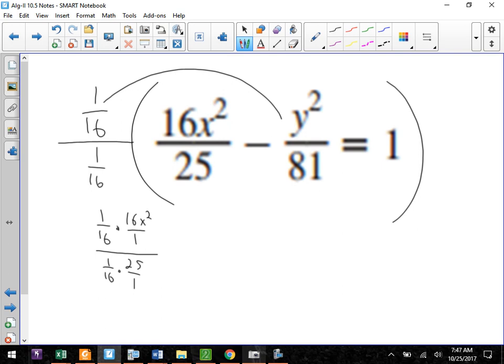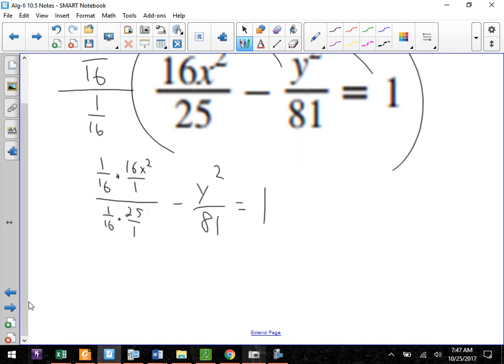The anything. And then what's 1 times 1? 1. So what happens then is that the numerator simplifies, and you get 25 over 16 as an a squared.